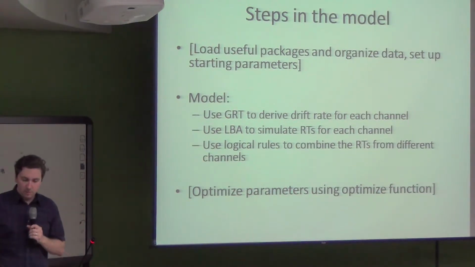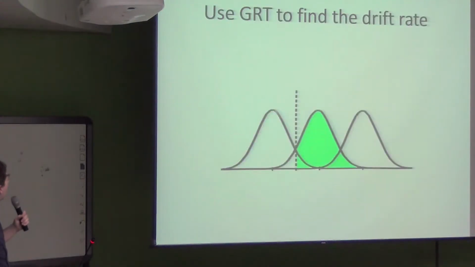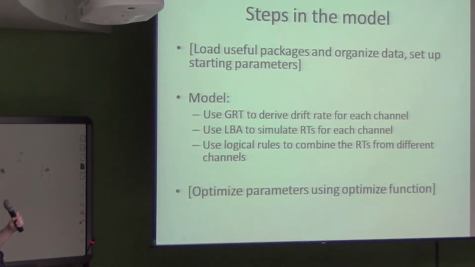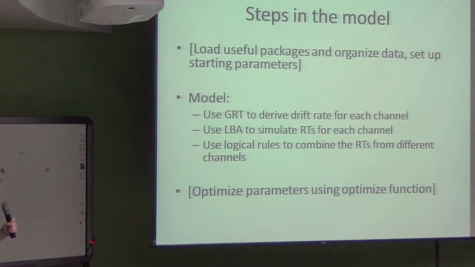So the steps that we're going to use in fitting the model are pretty straightforward. We're going to use R to load in a bunch of useful packages, organize the data, and set up the starting parameters for the model. Then we're going to use a simplified version of general recognition theory, which assumes perceptual independence, perceptual separability and decisional separability, to derive a drift rate for each channel in the model.